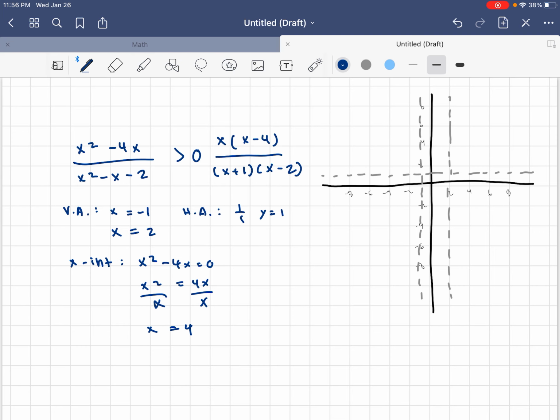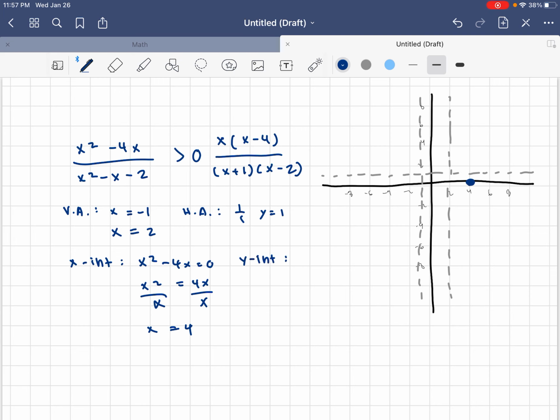Okay, so yeah, x equals 4, or you can just look here. So we're going to draw a dot and fill it in because we know that's going to be included in our solution set. Now let's find our y.